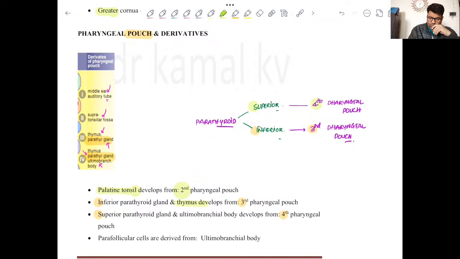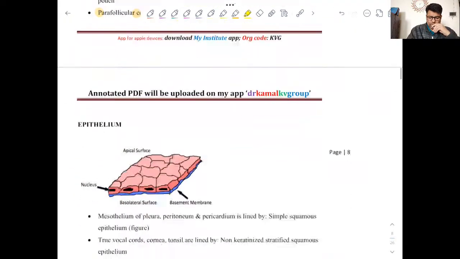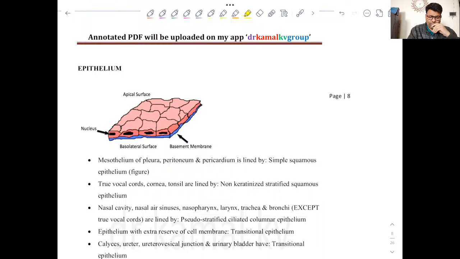Thymus is coming from third. And the parafollicular cells of thyroid, they develop from ultimobranchial body. So this is in short about pharyngeal pouches. Then moving forward to epithelium. Now this is a simple epithelium.